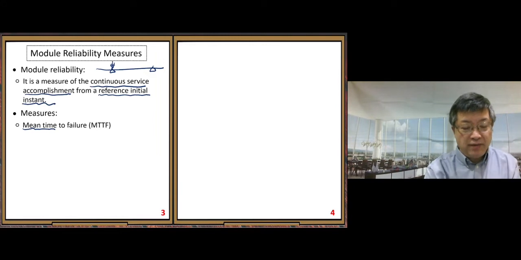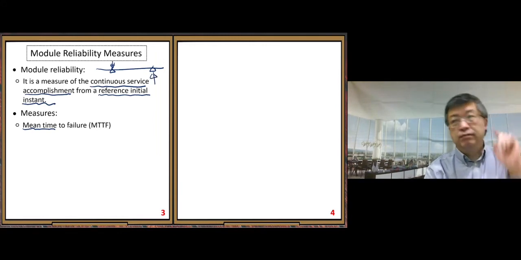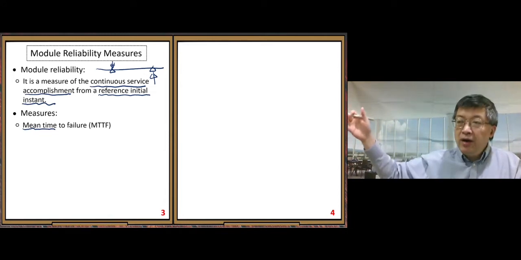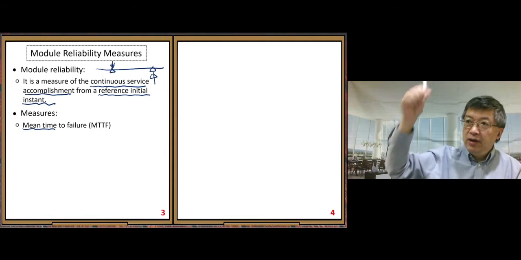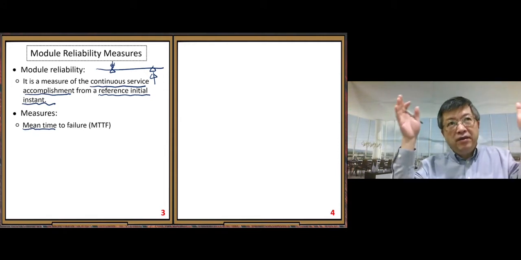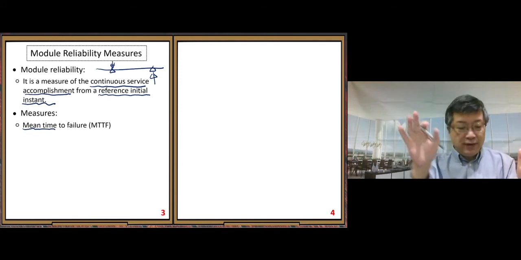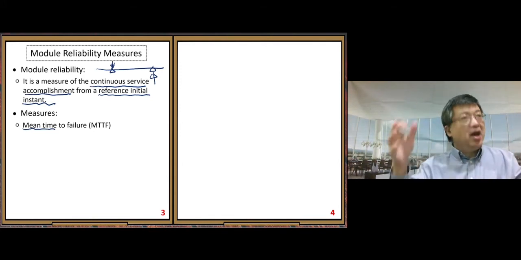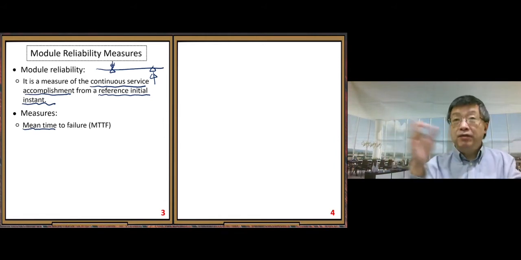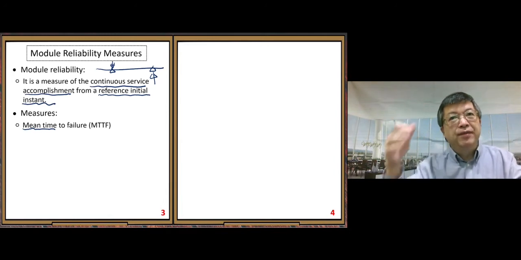You look at the time. Then when the first failure occurs, after a certain period of time, sooner or later, one failure would occur, then you calculate that period of time and write it down. So mean time. You do this kind of thing many times, plenty of times, then you calculate the mean time. So mean time to failure.